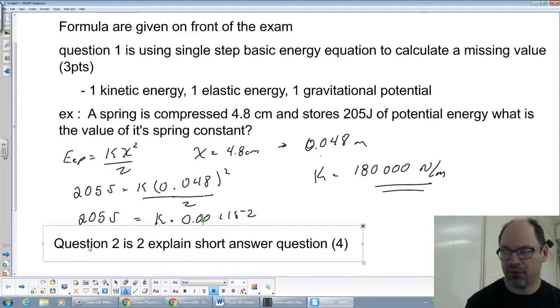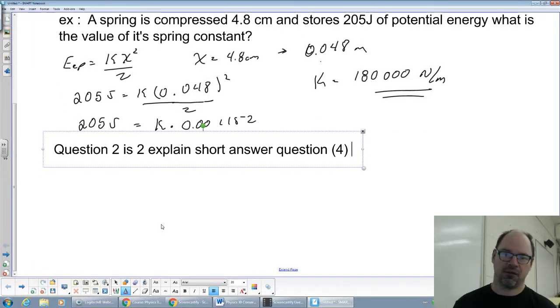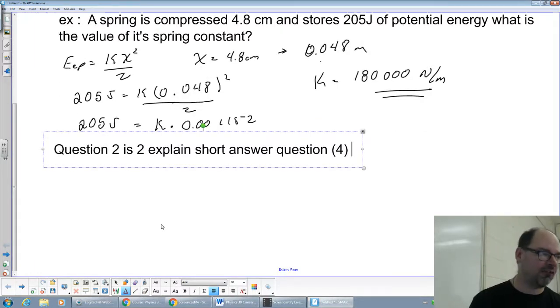Okay, so for example, I might say, what are the conditions for work to be done on an object? For work to be done, you have to have a force. You have to have the force going in the same direction as the object moving, and the object has to move.